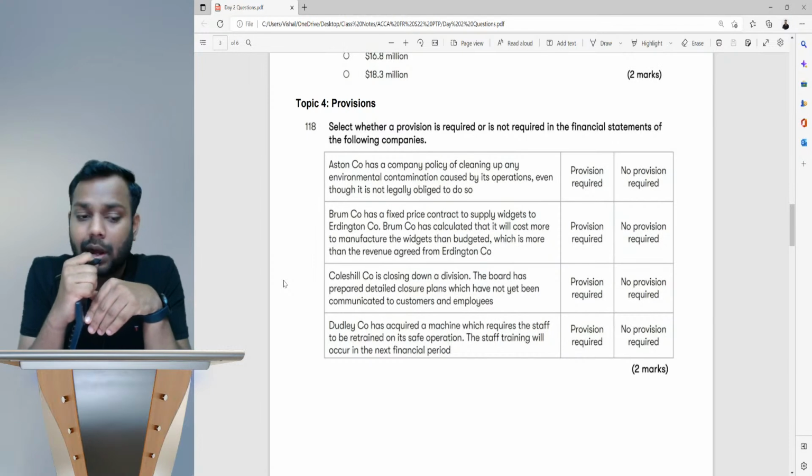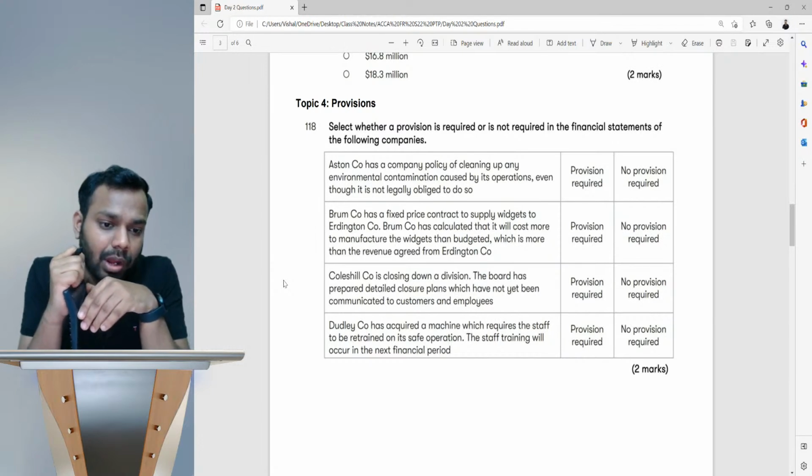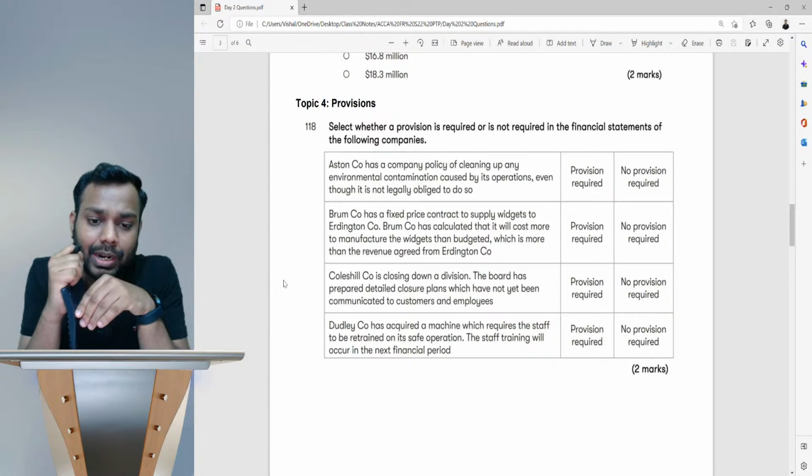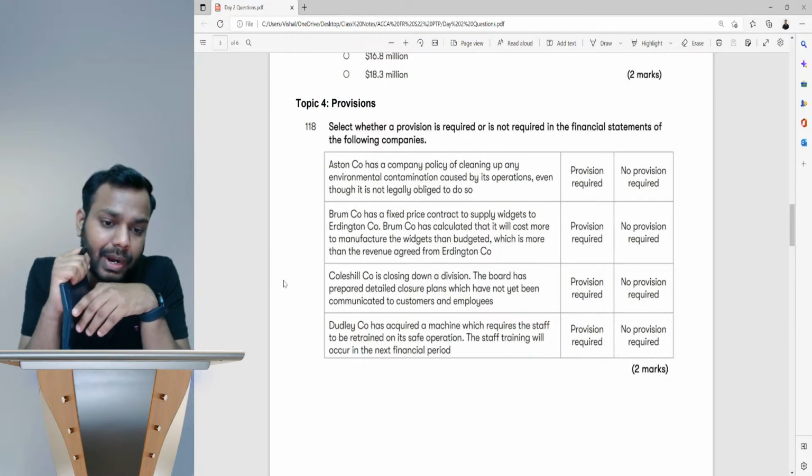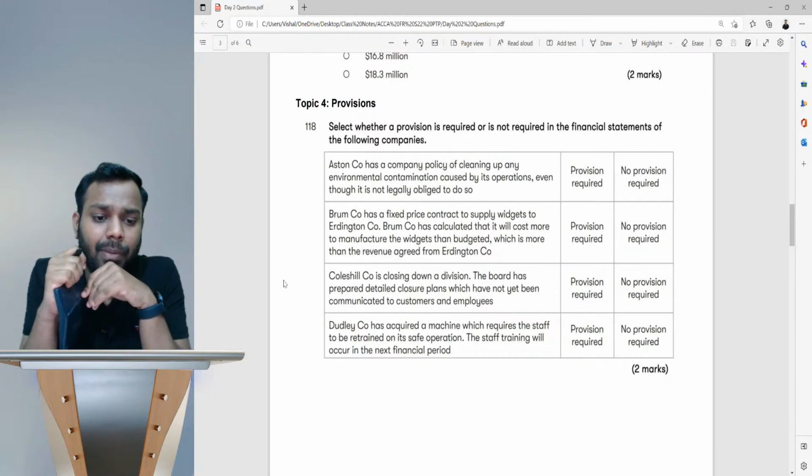Now, third one, Coles Hill is closing down a division. Board has prepared detailed closure plans which have not been communicated to the customers and the employees.